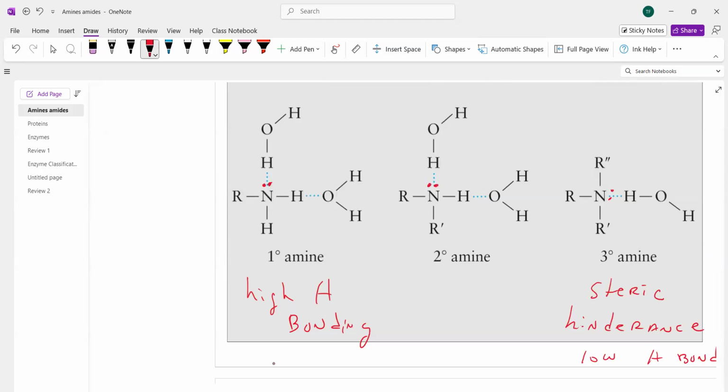With the primary, it's wide open, all this area. Secondary, we have this area. Tertiary, we have just this one little area where the hydrogen bonding can work. So strength-wise, primary is strongest, tertiary is weakest, and the reason it's weakest is because of steric hindrance.